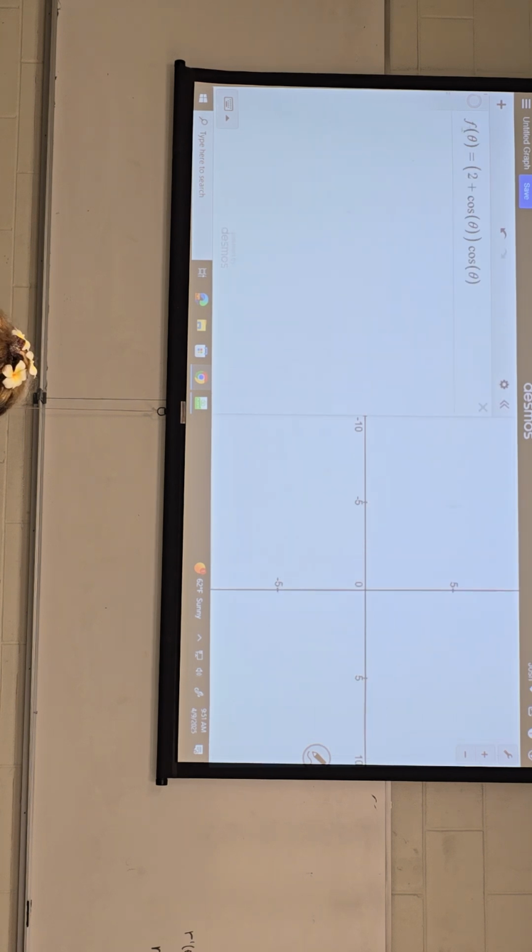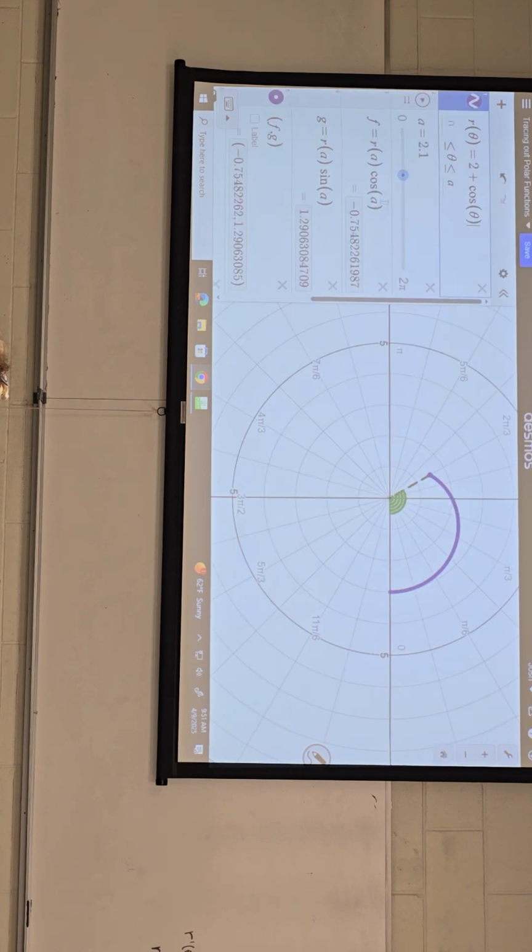So over here, Desmos doesn't like me calling it x of theta, so I'm going to call it f for x. So in Desmos, going back to our animation, when we were traveling at 3 pi over 4, we said it definitely looks like the radius is decreasing.